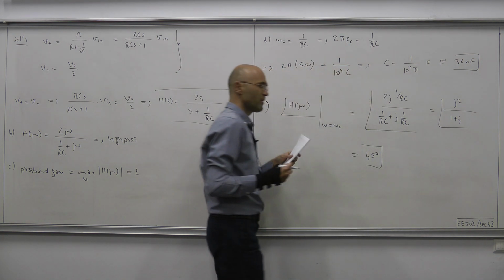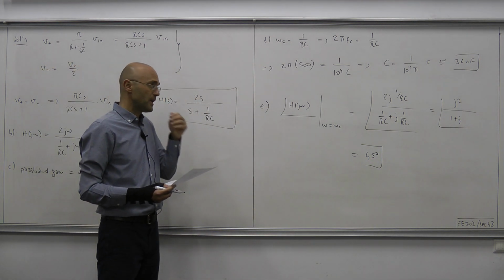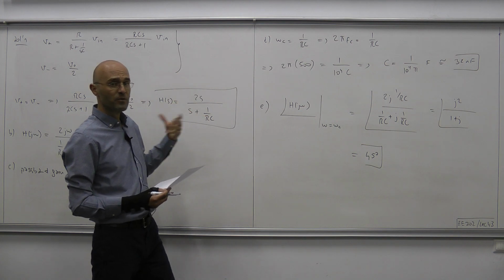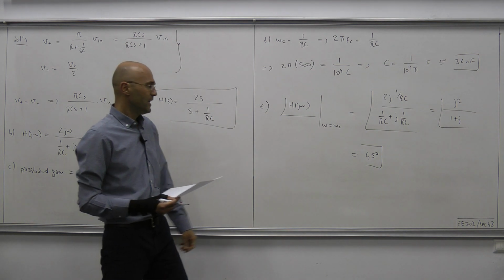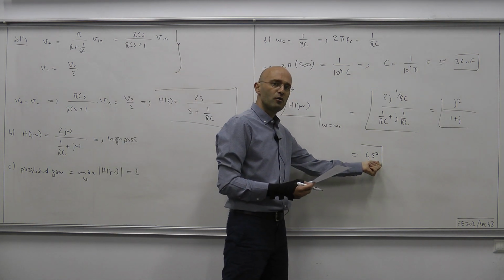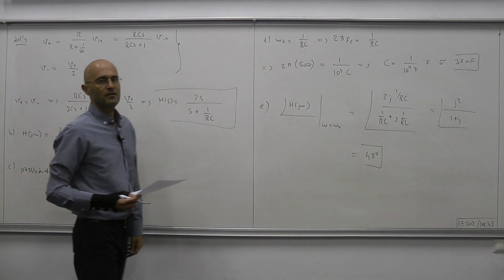Okay, so that's the phase shift at the cutoff frequency. So which means that if you drive the circuit with an input at the cutoff frequency, the phase of the output will be the phase of the input plus 45 degrees.